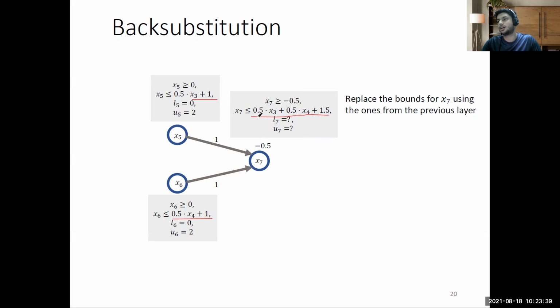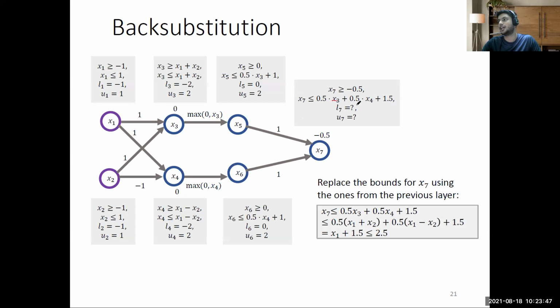And I'll get a new expression in terms of x3 and x4. I can again back substitute x3 and x4 in terms of x1 and x2. So x3 is x1 plus x2, which I'm doing here, and x4 is x1 minus x2, which I'm doing here.